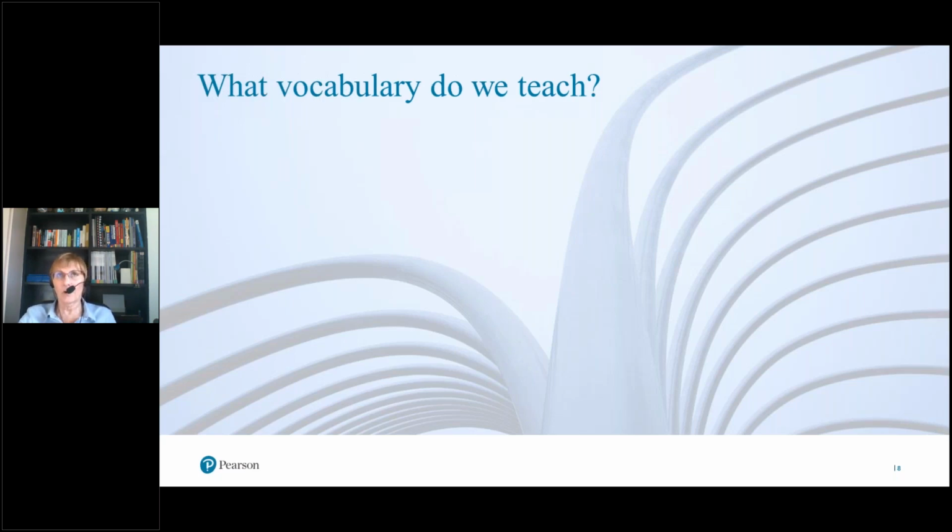Well, let's look at an example from A2 level, elementary level, about doing business. So here is a lexical set I'd like to show you. I've highlighted the noun order in blue, and I'm going to show you what level this has been rated on the Common European Framework for Languages and in the Global Scale of English.